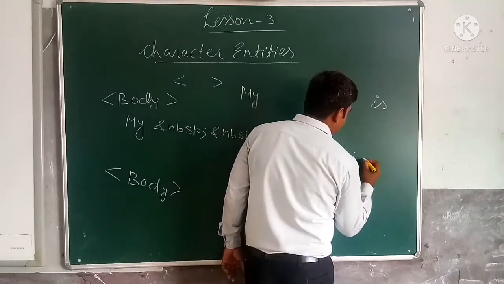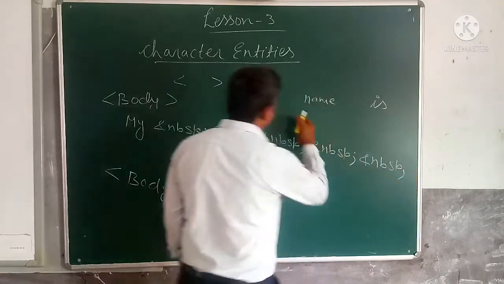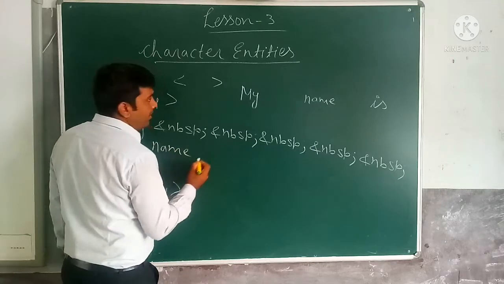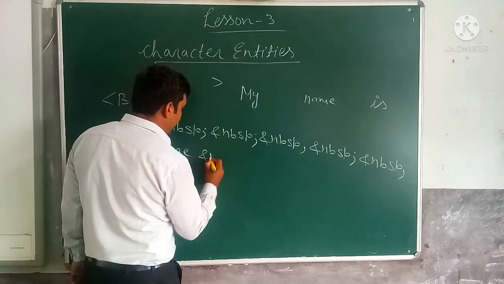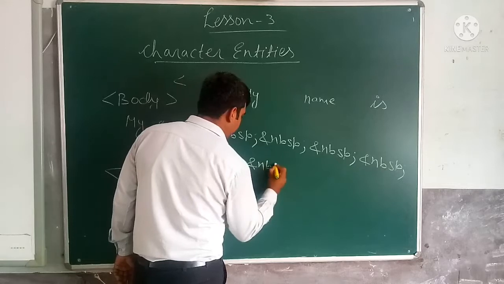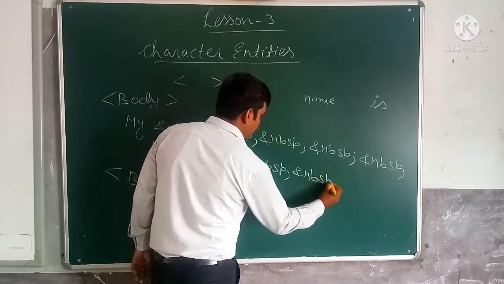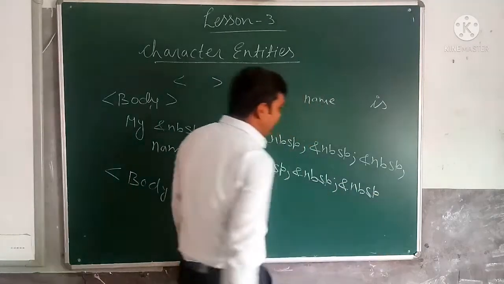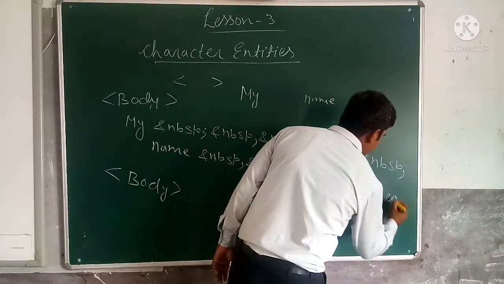Again I will write NBSP, and after that I will write "name". After the name there are 4 spaces, so I will write NBSP four times.